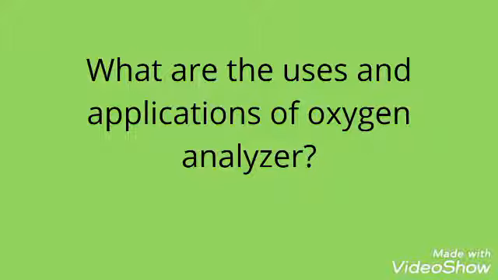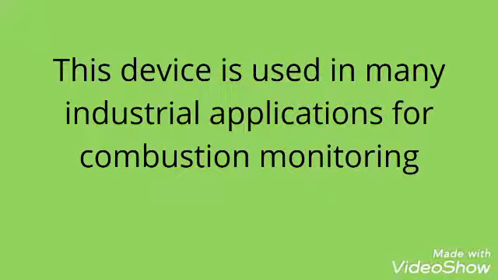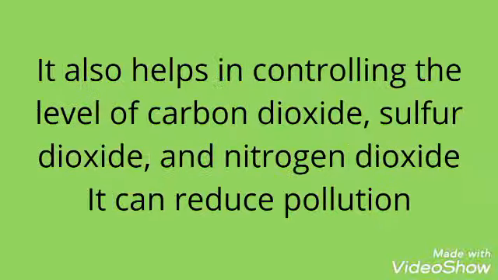Now we will learn what the uses and applications of the oxygen analyzer are. As I told you, these are used in many industries, and for combustion monitoring we use the oxygen analyzer. It is used in the cement industry, chemical industry, paper industry, and in boiler systems.